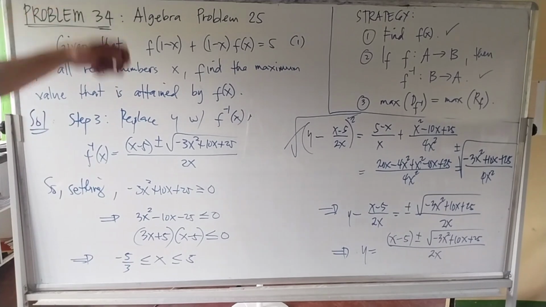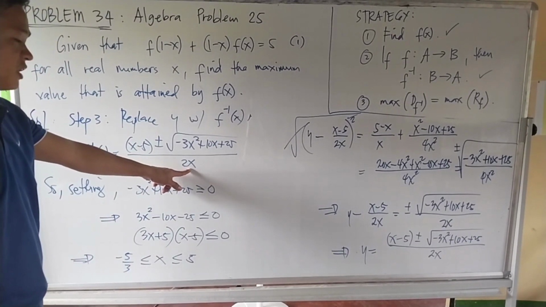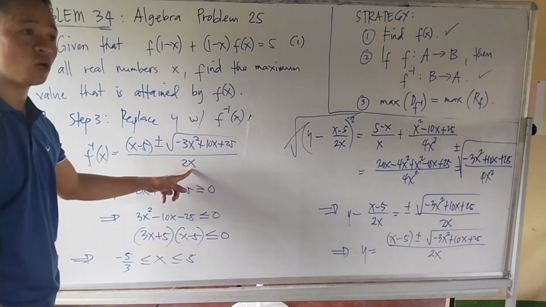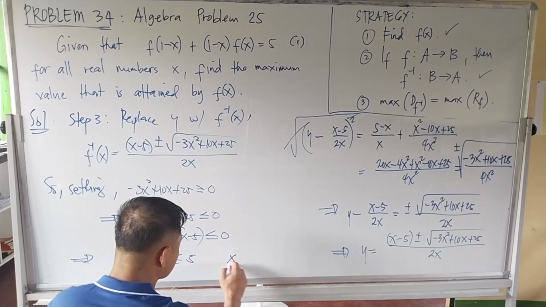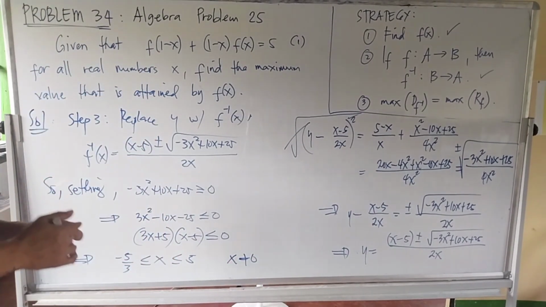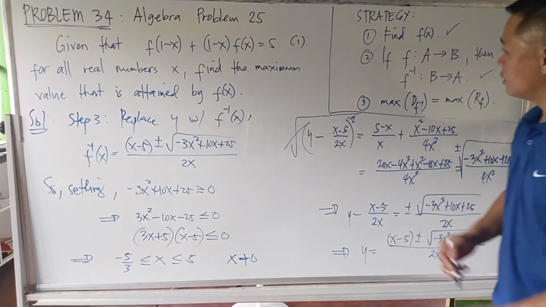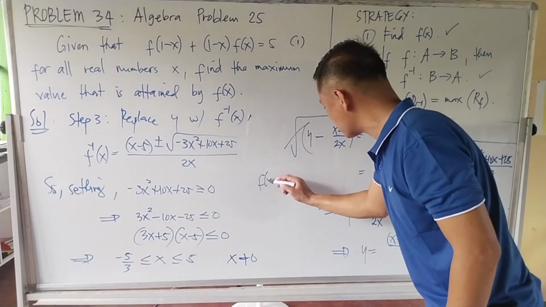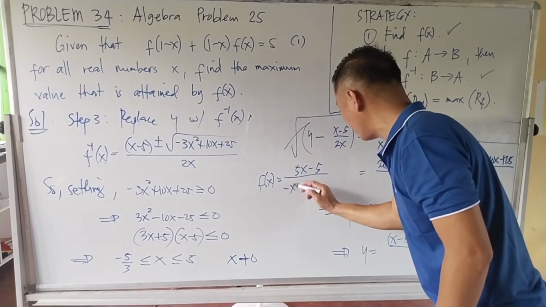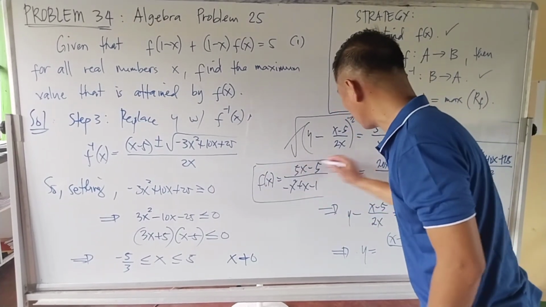Now, take note that we have an expression in the denominator, which is 2x. So x is expected to be not equal to 0. However, the original function that we found, f of x is equal to (5x minus 5) over (negative x squared plus x minus 1), is the original function.